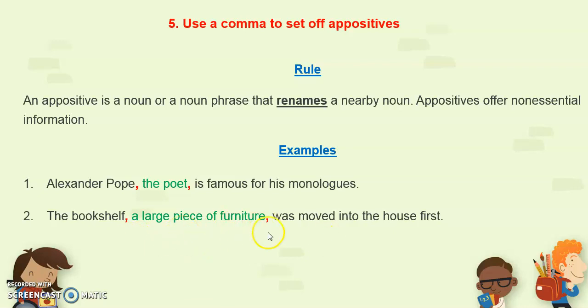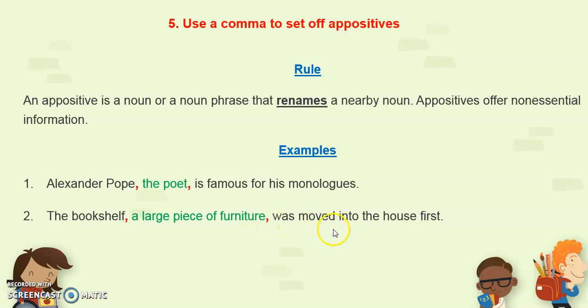Again, we can remove this phrase. It's not important. The bookshelf was moved into the house first. But I'm using it to rename the bookshelf. Am I right? I'm giving more details about the bookshelf, to rename it, to say what it is, to define it, to define Alexander Pope. Who is he? But I can remove it. It will not affect my sentence at all.